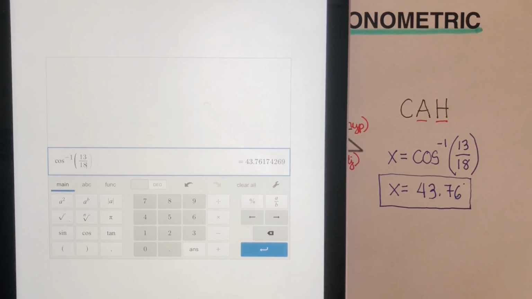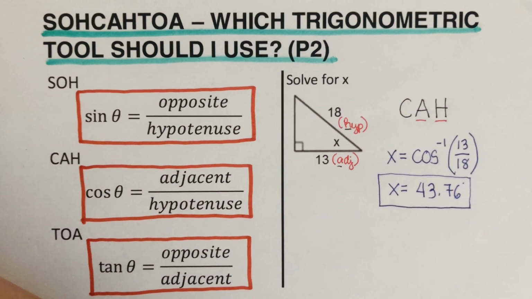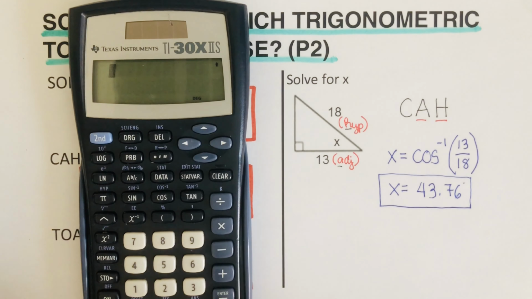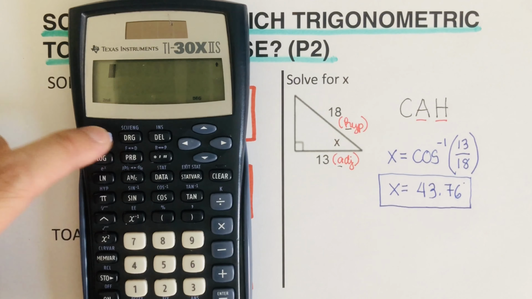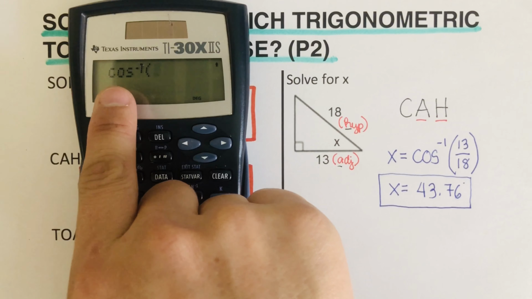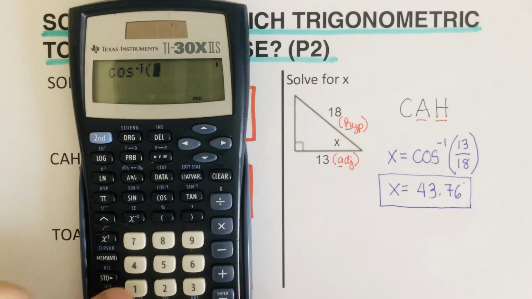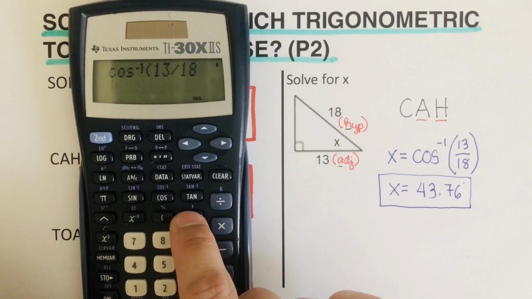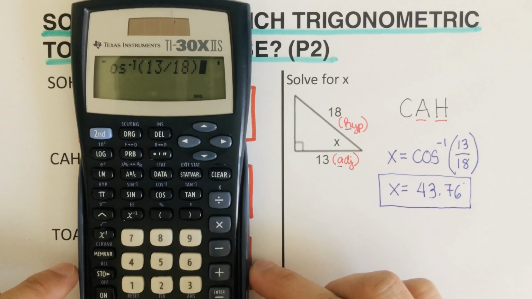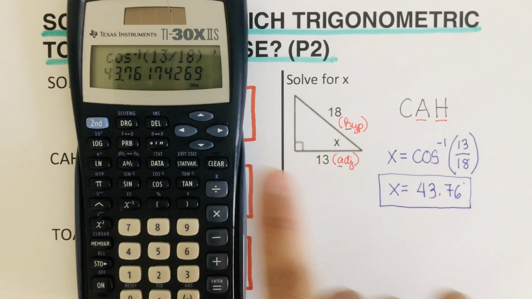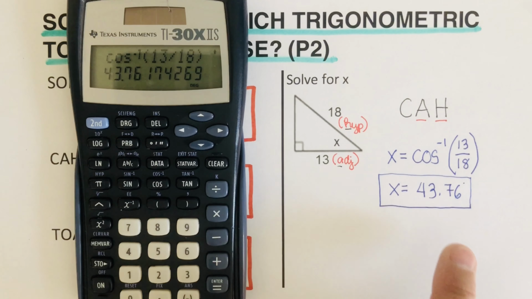That's using the decimal calculator. If you are using the blue calculator, it's pretty much the same thing. All you need to do is hit second, and then cosine. That will set up the inverse cosine. Then type in 13 divided by 18, close the parentheses and hit equals, and that should give you 43.76.